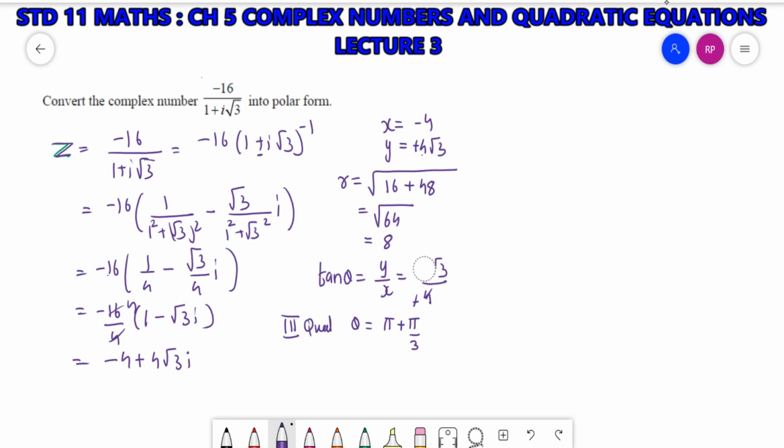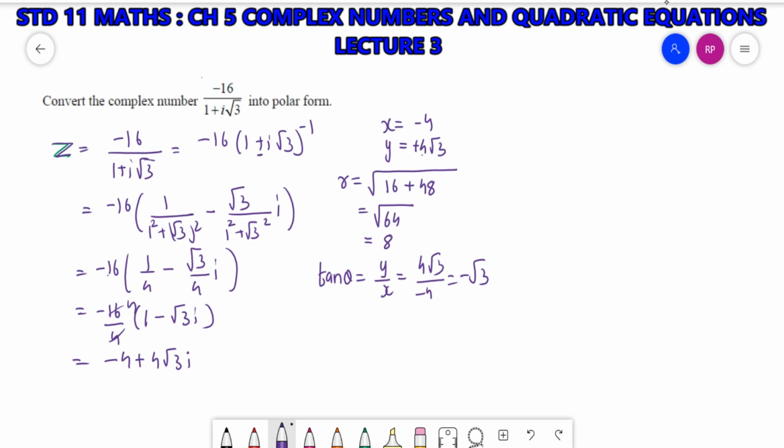So now see, it's 4 root 3 upon minus 4, sorry, my mistake again. So it will be minus root 3, and the reference angle is pi by 3. But now it's not in the third quadrant, it's in the second quadrant.